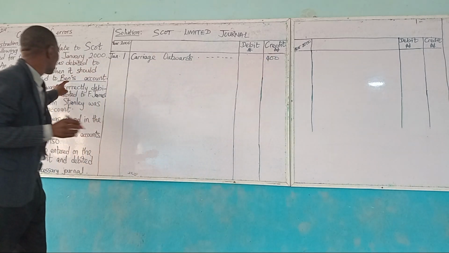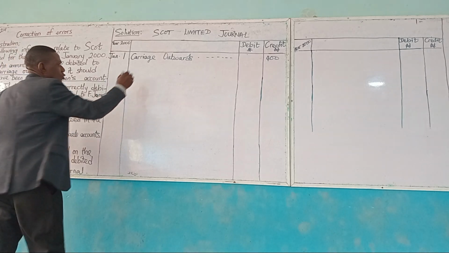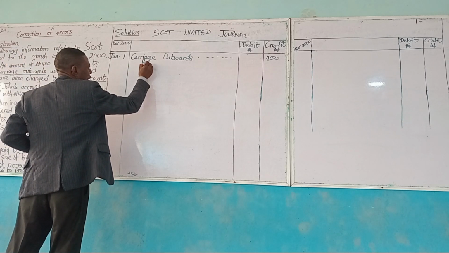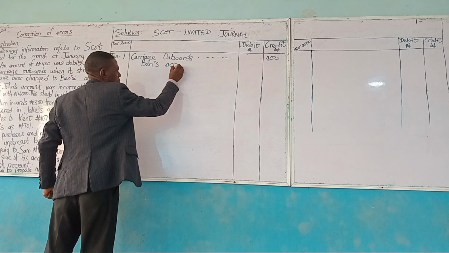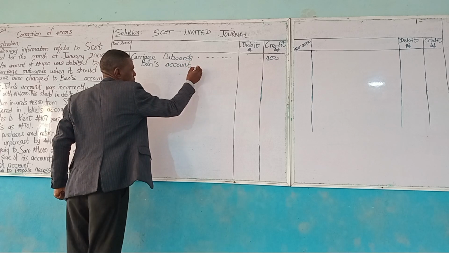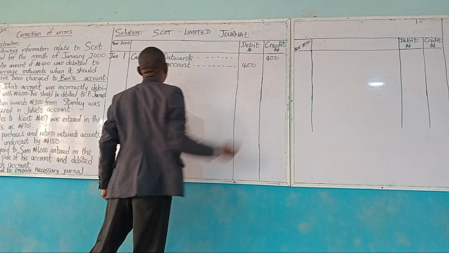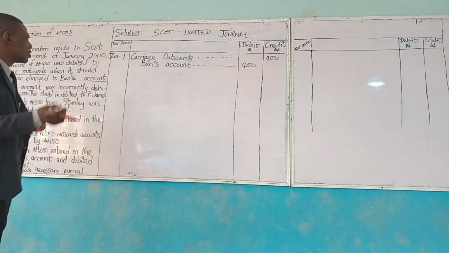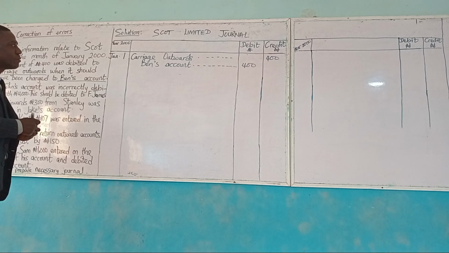And Ben's account, which ought to have been debited initially, will now be debited. Having resolved this, we have to credit carriage outwards and debit Ben's account.